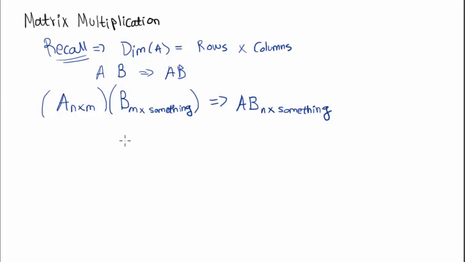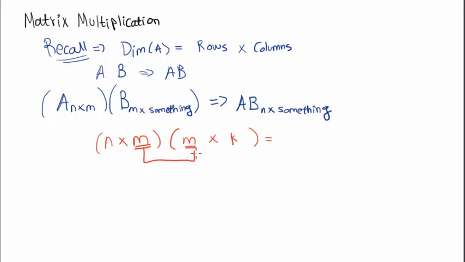Okay? So let's say I have some matrix n by m, and I'm trying to multiply it with another matrix. That matrix must have m rows. Okay, that's the first thing. M by something. Let's say k. Okay, k could be equal to n, or k could be just another number. So the way you check is the inside two must be the same.